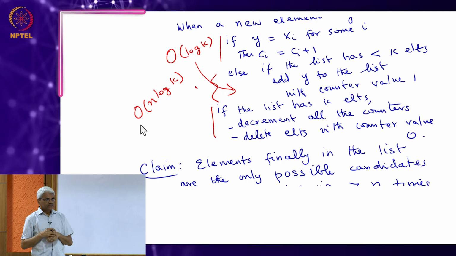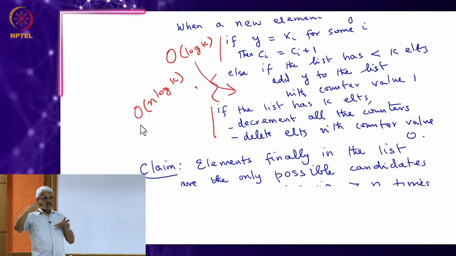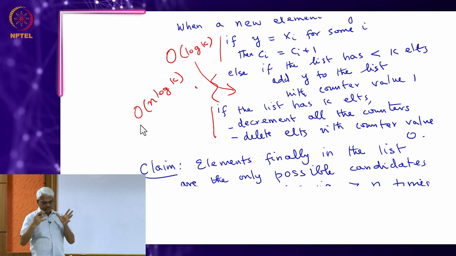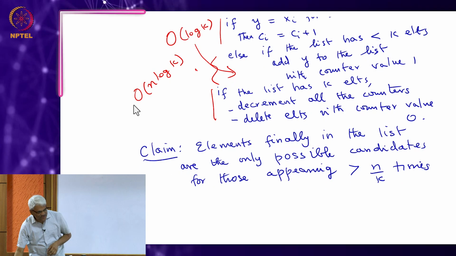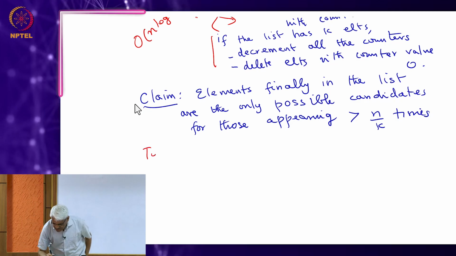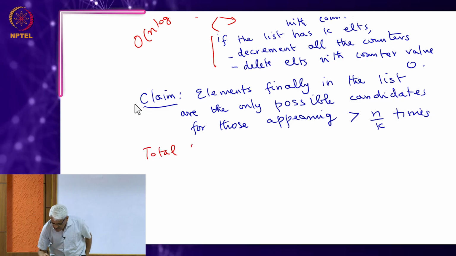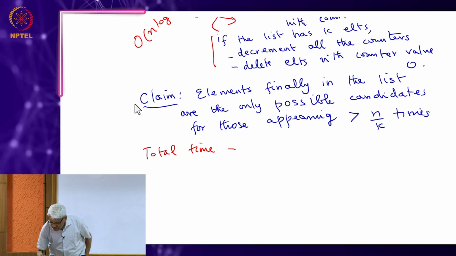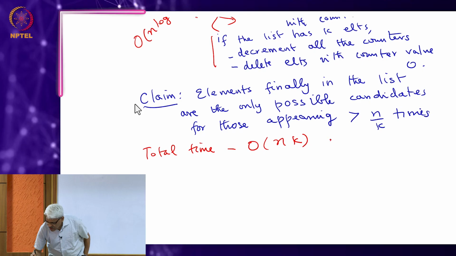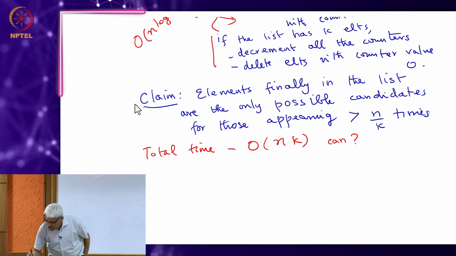Or somehow you can take these k elements and merge. I'm just going to leave this, maybe it can be discussed in the tutorial. So total time, let me put naively as order nk, with a question mark.